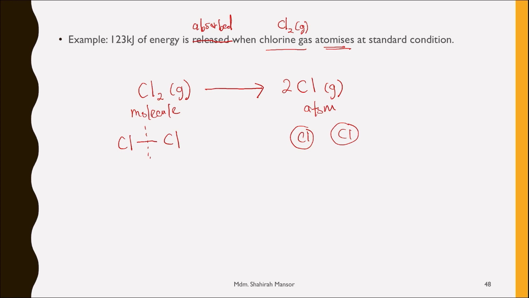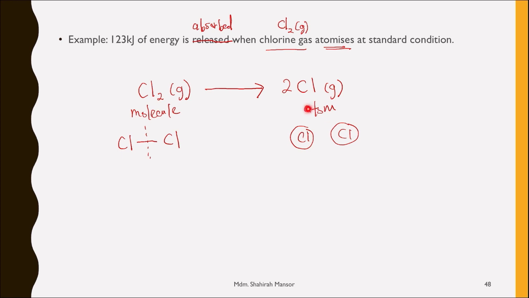According to the definition, standard enthalpy of atomization refers to 1 mole of gaseous atoms formed from its element under standard condition. So in this case, which part should be the 1 mole? Molecule or atom?